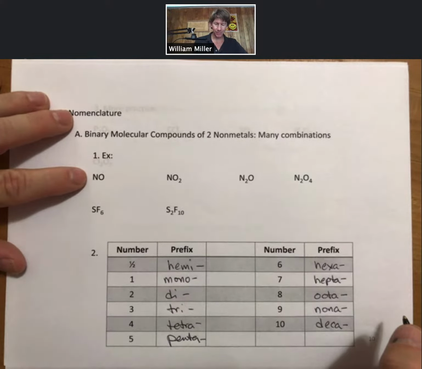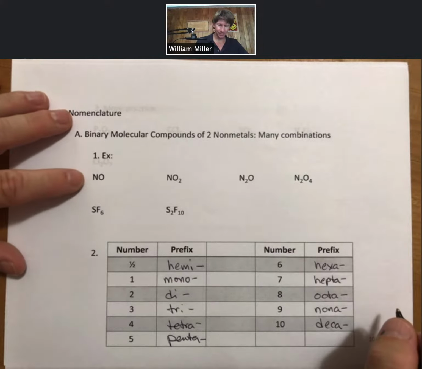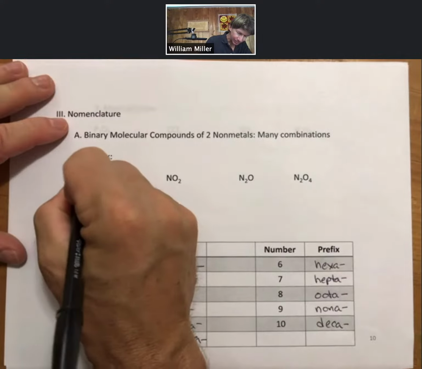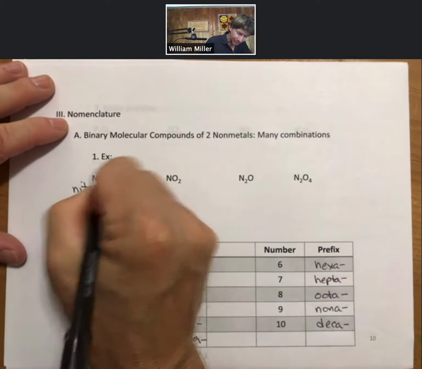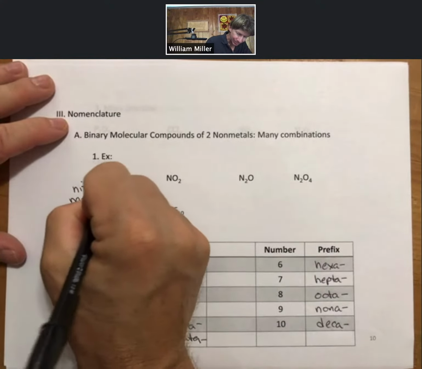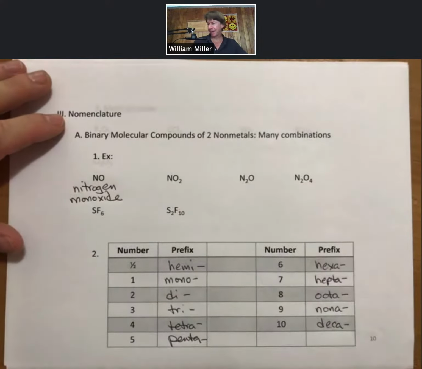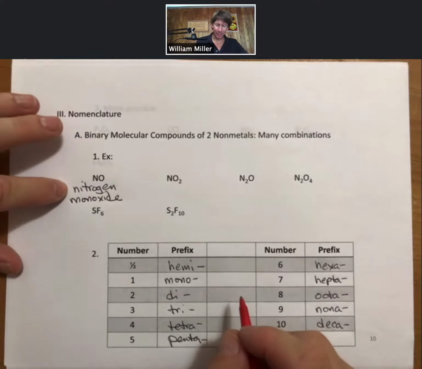This first one is going to be nitrogen monoxide. And two things about this.